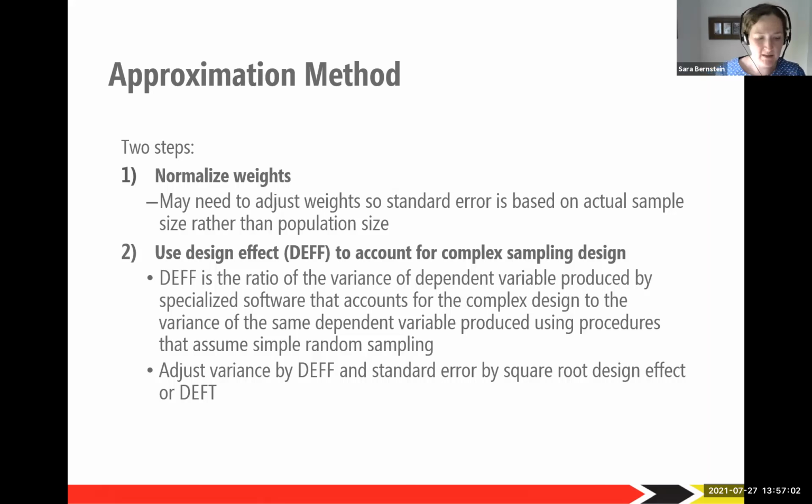And then when estimating the variance of an estimate, you'll need to adjust the variance by DEFF. When estimating the standard error, you'll adjust the standard error by the square root of the design effect, or DEFF. The average AIAN FACES 2019 design effects overall, and for select subgroups, are provided in that weighting chapter, Chapter 6 of the user's manual.